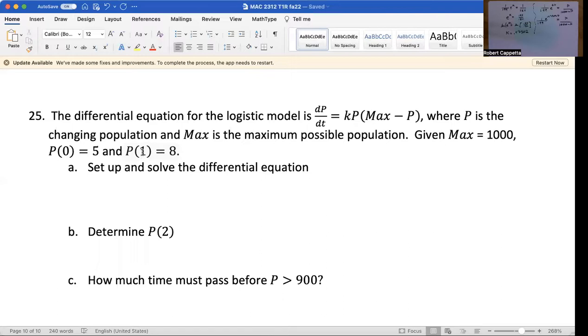Find p of 2. So when t is 2, what is p, right? Find p of 2, which means when little t is 2, find p. So we should be able to do that.